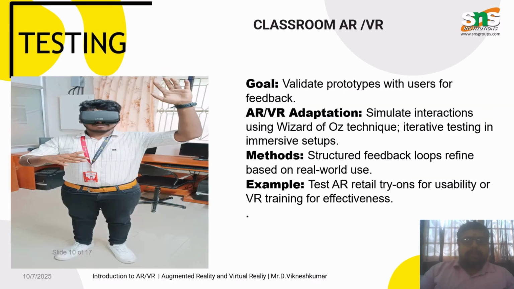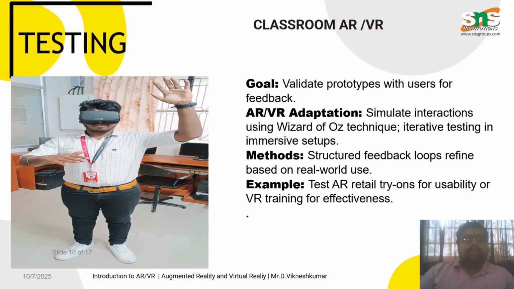Okay, this is testing. This testing prototype consists of the term called feedback. The main purpose of testing is that you are going to have a valid prototype based upon feedback. This adaptation consists of simulations, simulated interaction using the Wizard of Oz technique, and immersive setups.